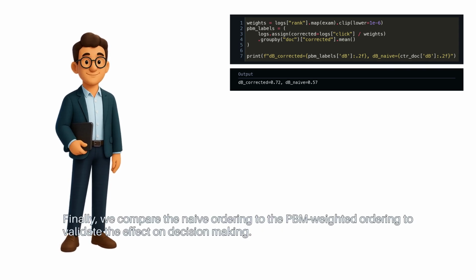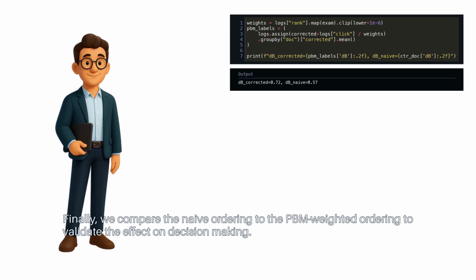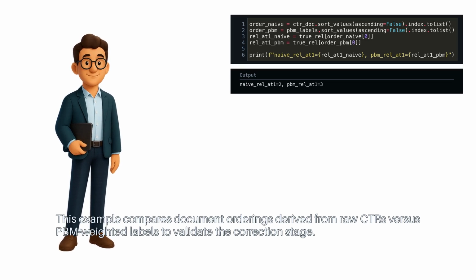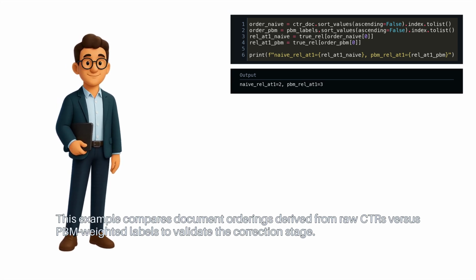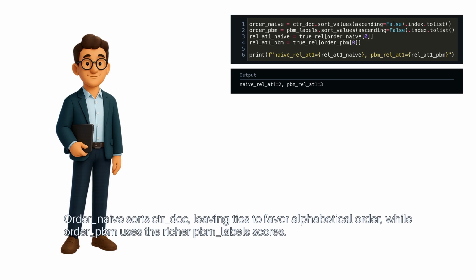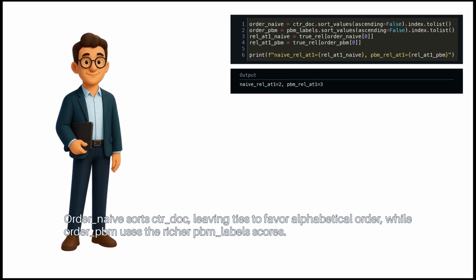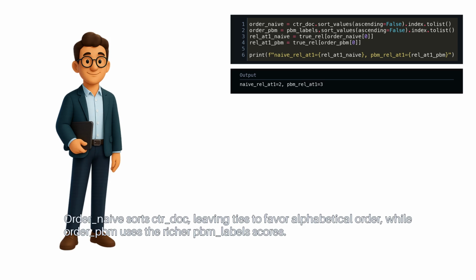Finally, we compare the naive ordering to the PBM weighted ordering to validate the effect on decision-making. This example compares document orderings derived from raw CTRs versus PBM weighted labels to validate the correction stage. Order_naive sorts CTR_doc, leaving ties to favor alphabetical order, while order_PBM uses the richer PBM label scores.